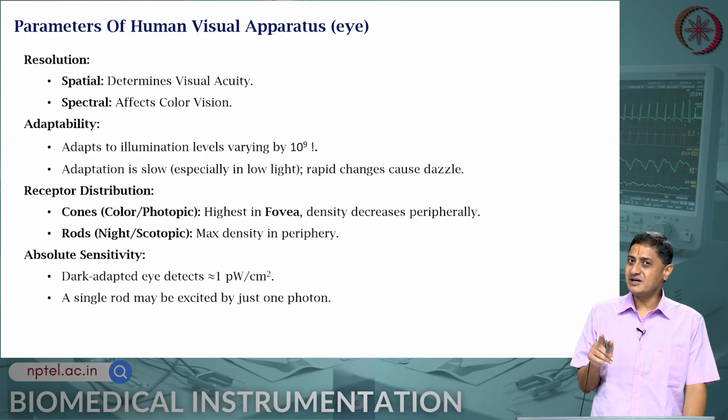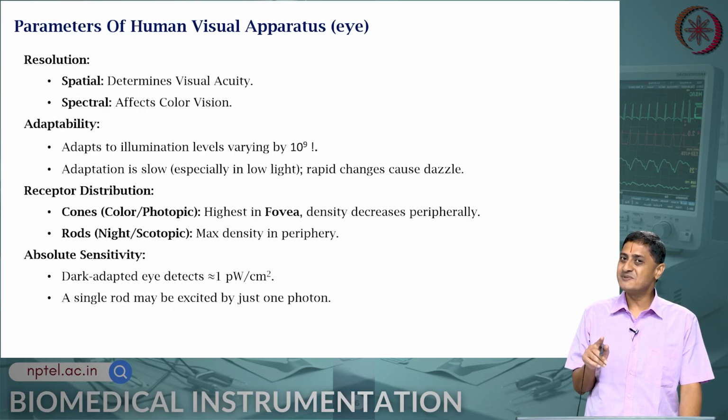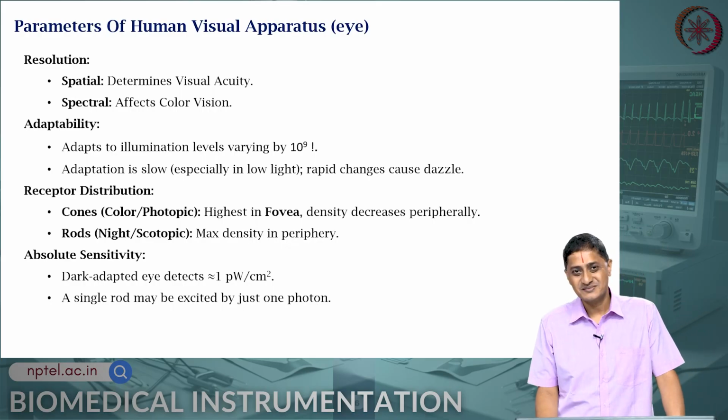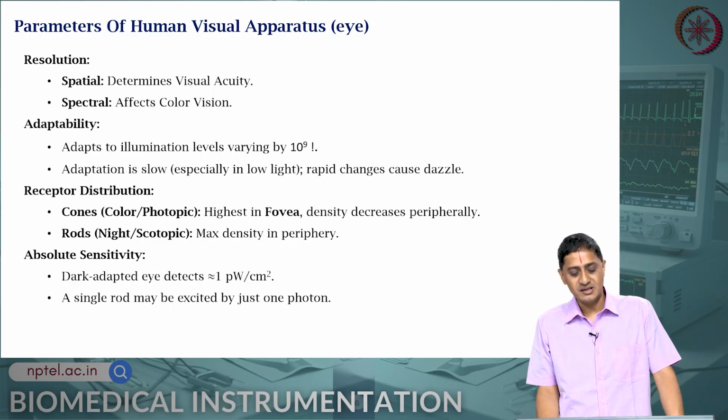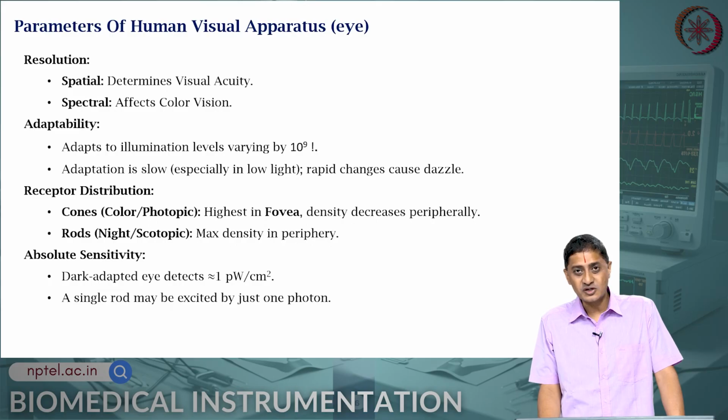Note that not everybody has the same amount of spatial and spectral resolution. In fact, there are a lot of people who are color blind. Besides, also note that humans cannot detect all patterns and cannot detect all colors.